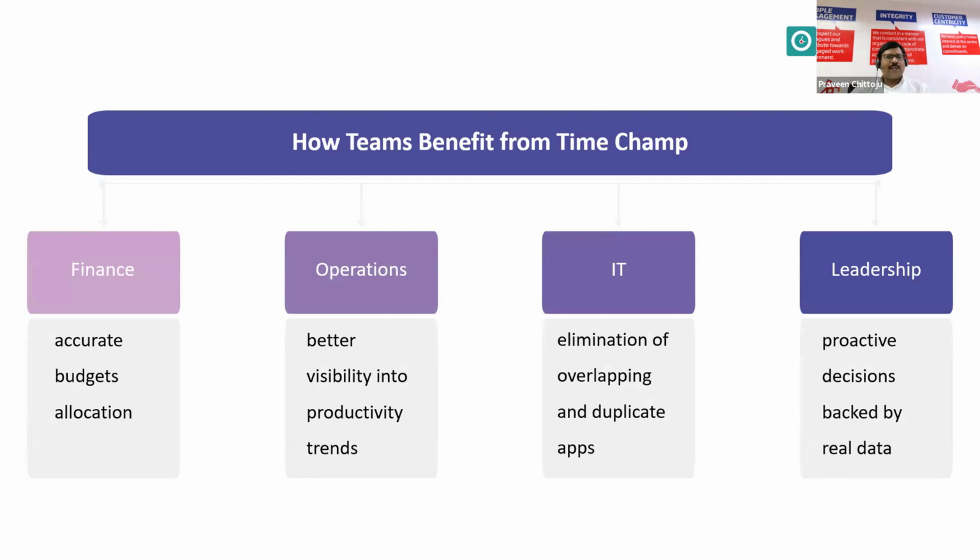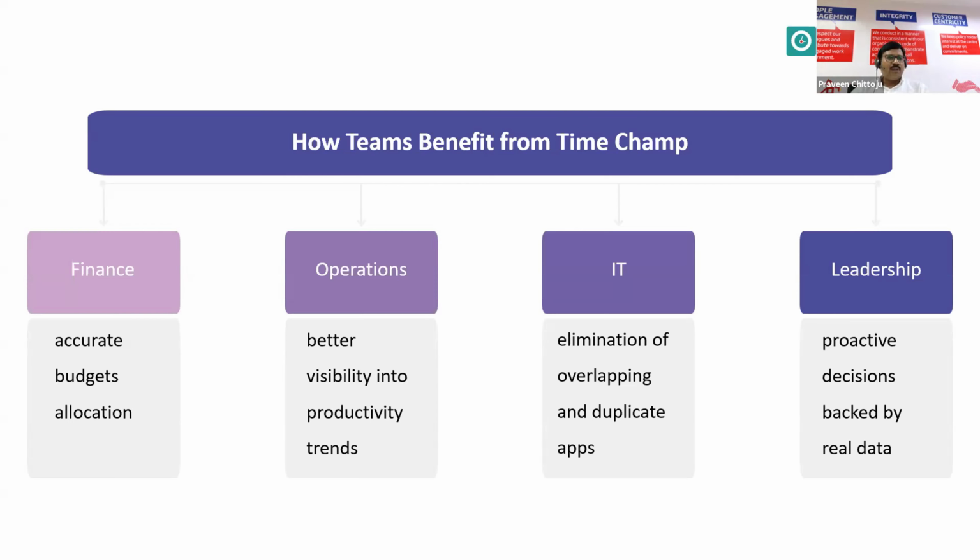As a TimeChamp user, I can say that it helps the different departments. My friends have joined here from finance, operations, IT and leadership. For each and every department, it gives a clear picture and the best benefit. For the finance department, it helps generate accurate budget allocations.